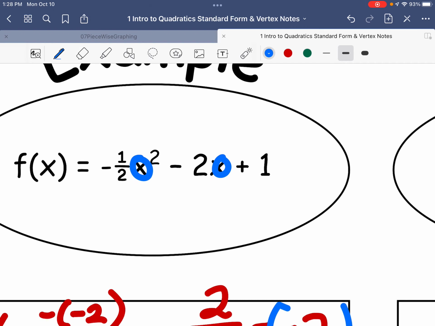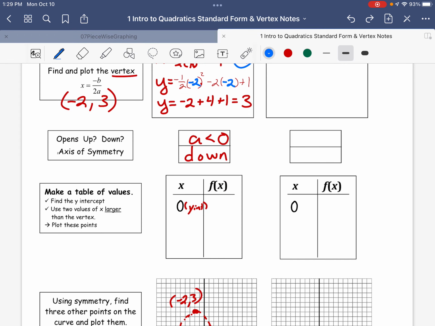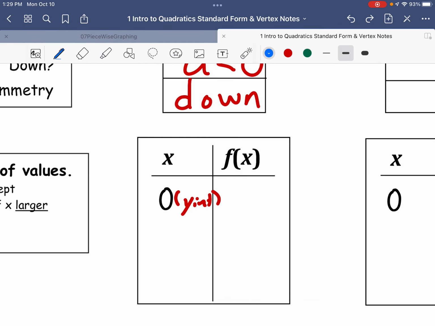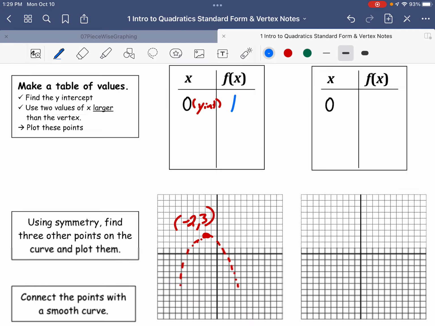So just imagine putting a 0 in these two spots. And this is why students like this, because when I square the number 0, I still end up with 0. When I multiply by 2, I still get the number 0. It turns out that I end up with just the c value, the last number in the equation. So if you plug a 0 into the equation, you get 1.